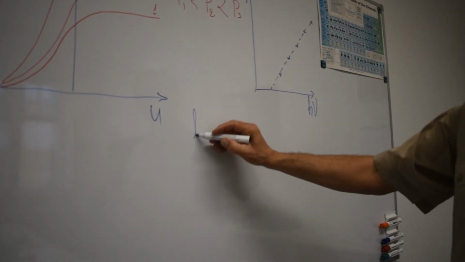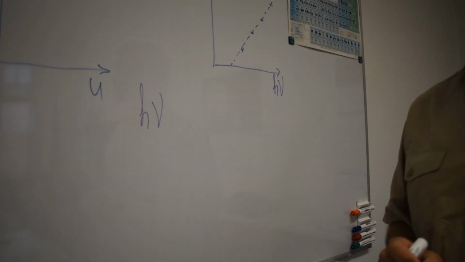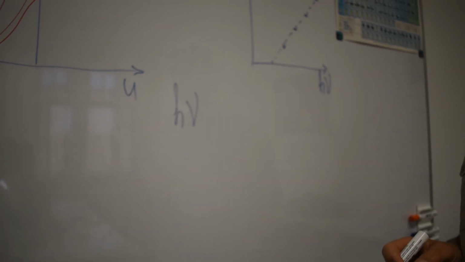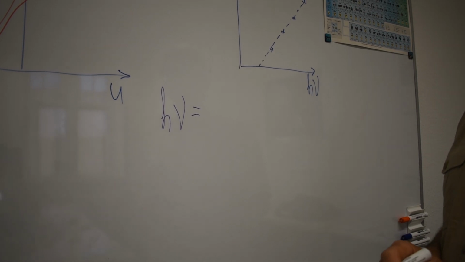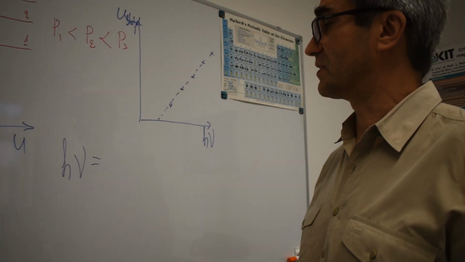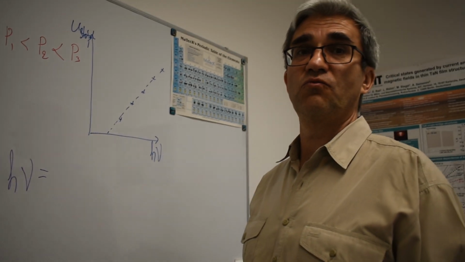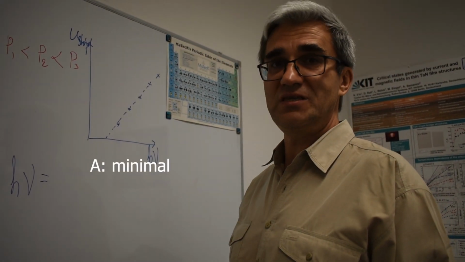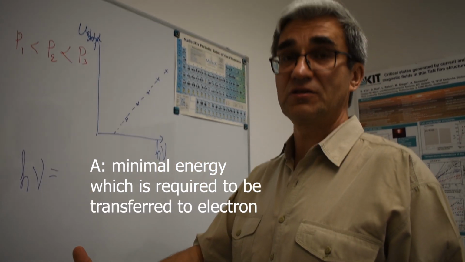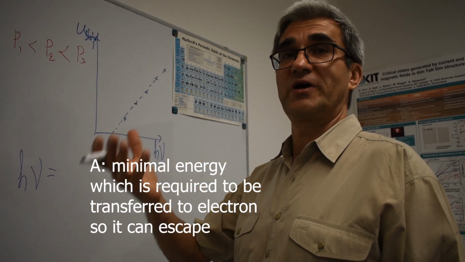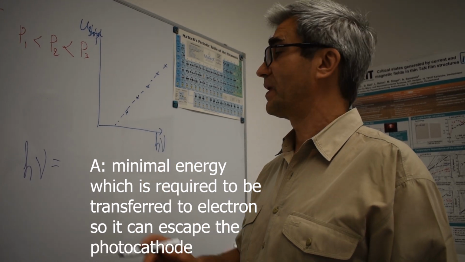So what has been written by Albert Einstein? He proposed that the energy of the photon, which is absorbed by the photocathode, is divided into two parts. The first part is the so-called work function. This is the minimal energy which is required to be transferred to an electron so that it will be able to escape from the photocathode.